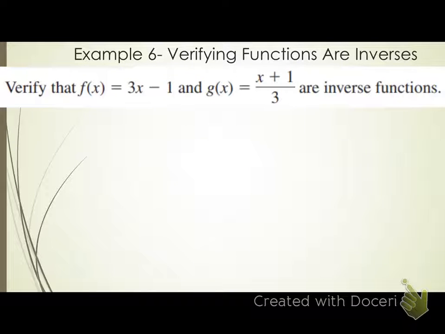So example 6. Verify that f of x equals 3x minus 1 and g of x equals x plus 1 over 3 are inverse functions. It wants me to verify that those two functions are inverse functions. So what do I need to do to verify that? I need to find what and what.